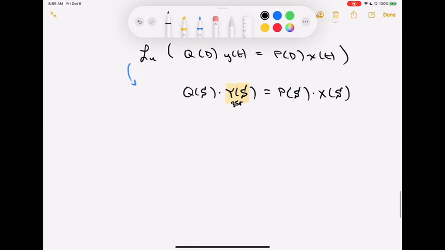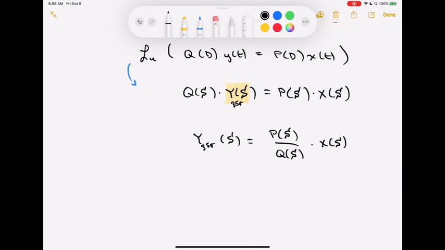So what is that zero state response going to be? I can solve that. Y zero state response of s is then going to be P(s) over Q(s) times X(s), something like that.